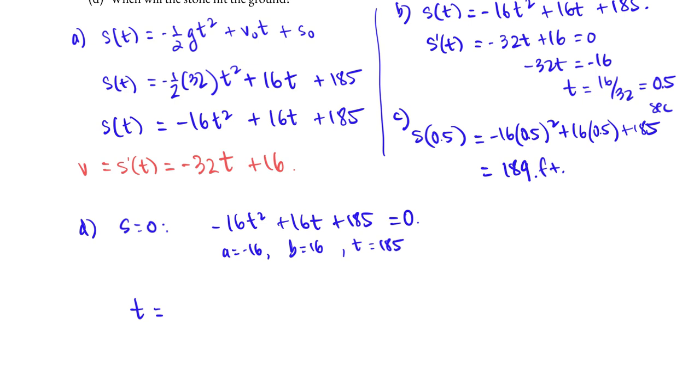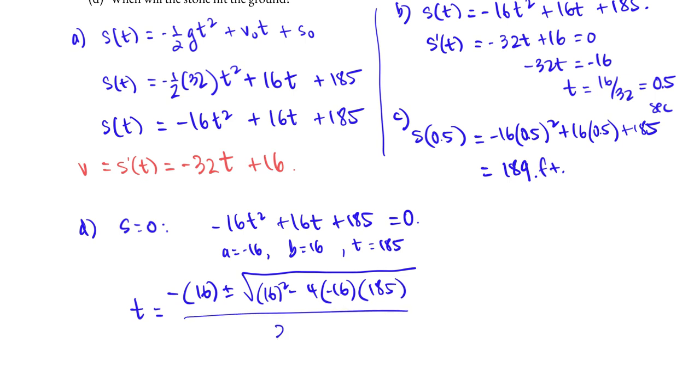T equals negative b plus or minus the square root of b squared minus 4 times a times c, over 2 times a.